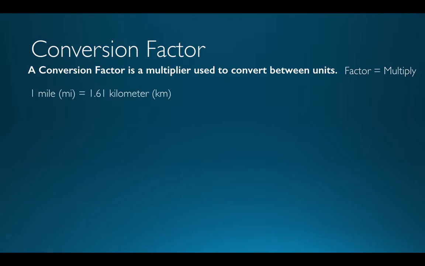Let's look at converting between a mile and a kilometer. Now 1 mile equals 1.61 kilometers. As a ratio, I could write this one of two ways. I could say 1 to 1.61 if I'm going between miles and kilometers, or I could say 1.61 to 1 if I'm going from kilometers to miles.